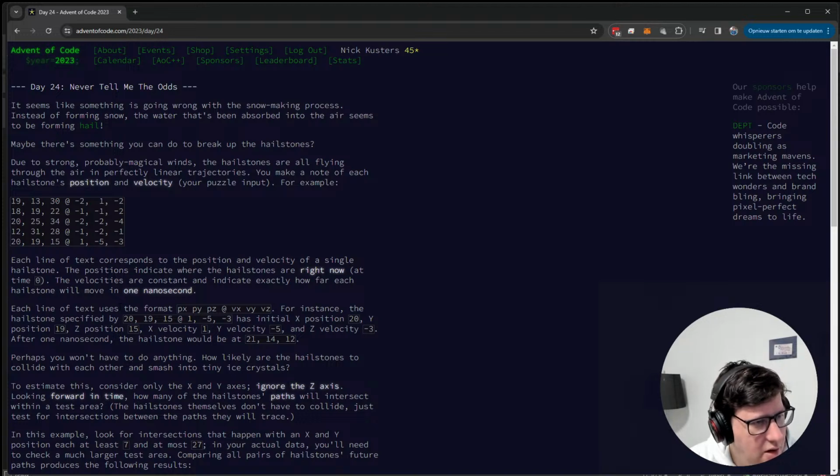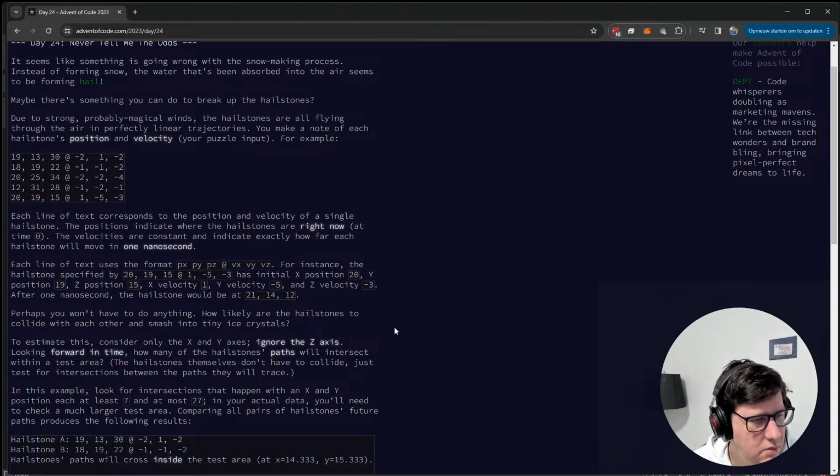After 1 nanosecond the hailstone would be at blah. Sure. Perhaps you won't have to do anything. How likely are the hailstones to collide with each other and smash into tiny ice crystals? To estimate this, consider only the x and y axis. Ignore the z axis. Looking forward in time, how many of the hailstones' paths will intersect within a test area?